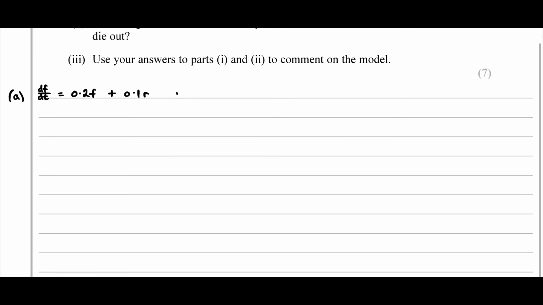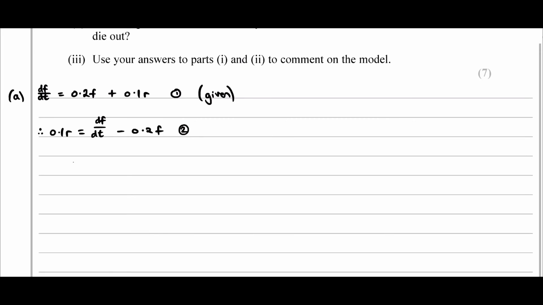We'll call this equation 1, and this is given. So we can rearrange: 0.1R equals dF/dt minus 0.2F. We'll call this equation 2.